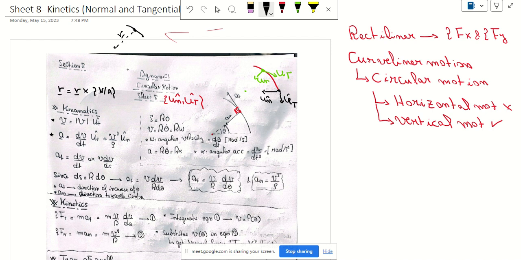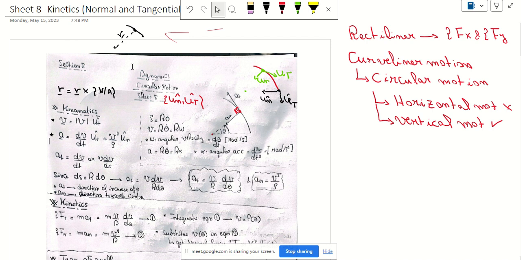The velocity is only in the tangential component, because as we introduced before, ut is in the direction of the motion. So the total velocity is in the ut, and we have no component in the second direction, which is the un.